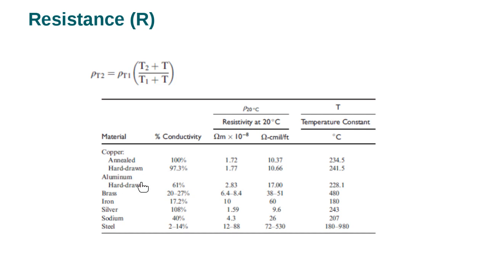It's better than aluminum. Aluminum here is 61%. So gold is higher than aluminum, maybe 75 or 76%. So the most conductive material is silver, and then comes copper, and then gold, then aluminum.